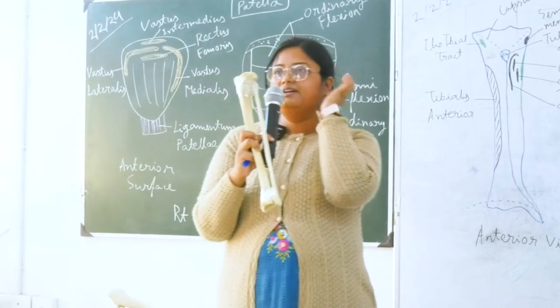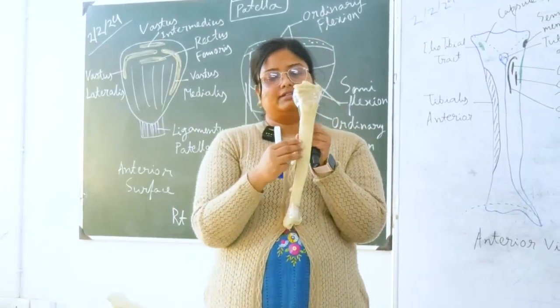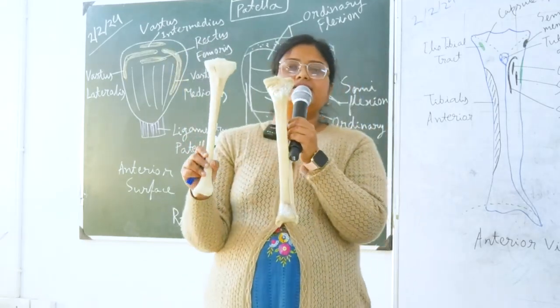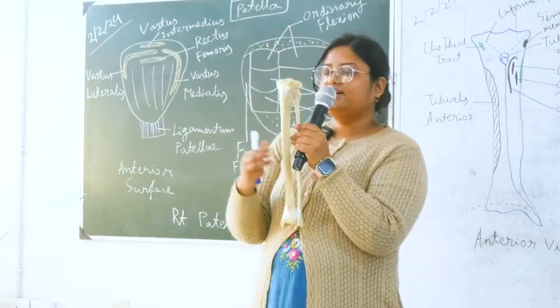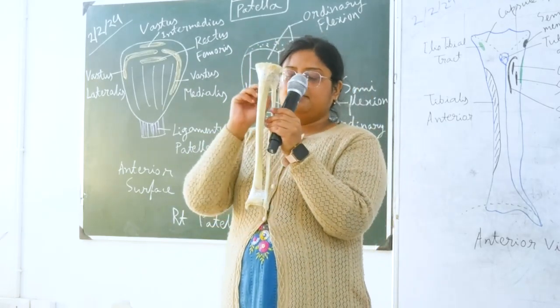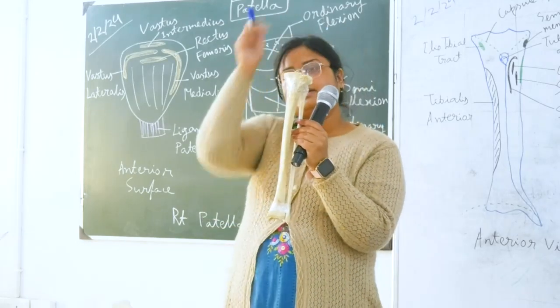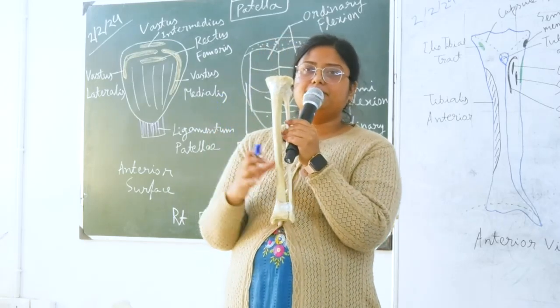Shaft of the tibia is triangular in cross section. See here, this is triangular in cross section, and it has three borders and three surfaces. The borders are anterior border, medial border and lateral border. Here is the anterior border, here is the medial border and here is the lateral border.